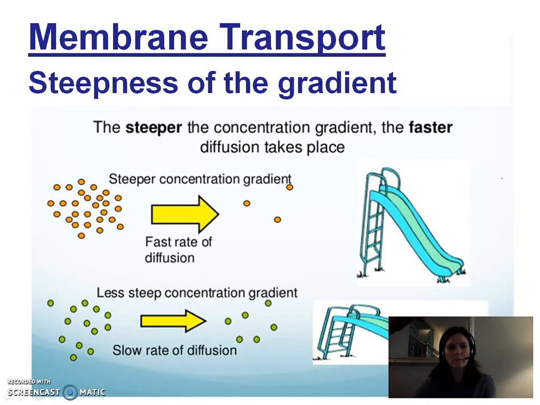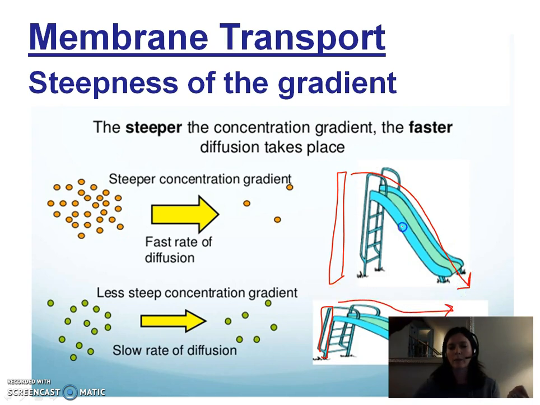Okay? This is one other aspect of this concentration gradient that has to do with how fast molecules move from one side to the other. The steeper the gradient, meaning the more molecules you have over here versus over here, the more molecules you have on one side versus the other, the faster that movement is going to occur.